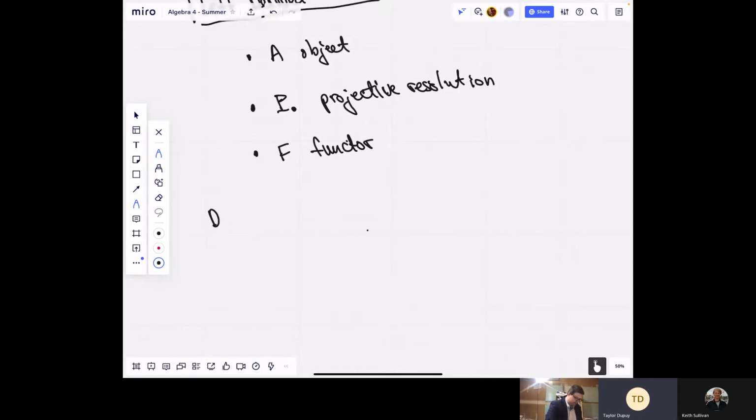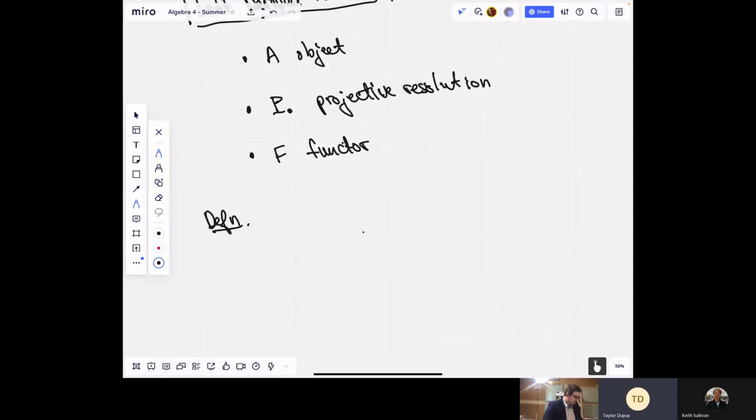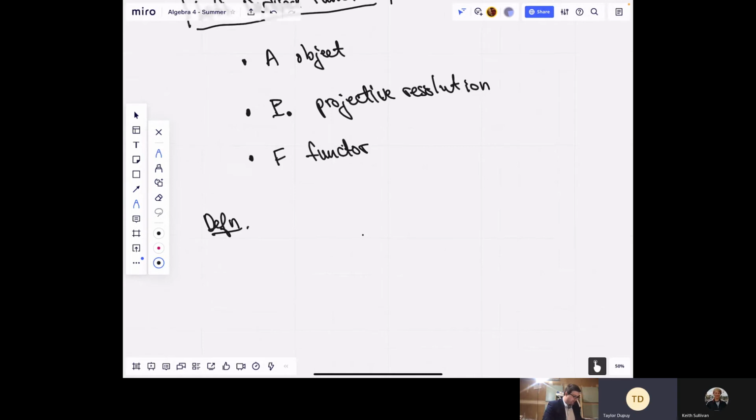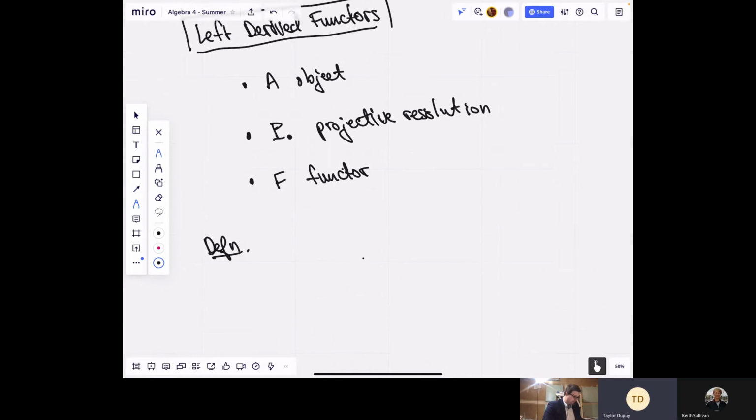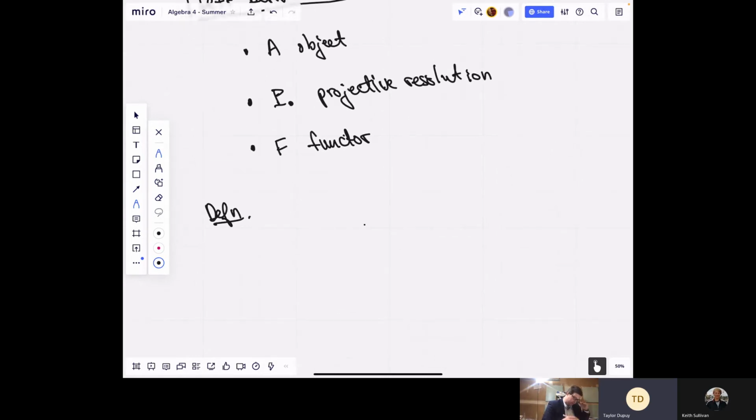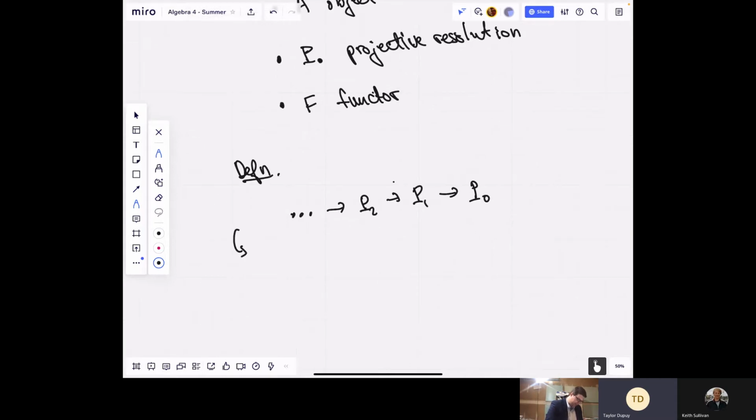Okay, so let's give the definition. We'll do the same thing. We'll take this chain complex here: P0, P1, P2. Then we apply F. Away from the zero piece, this thing's exact.